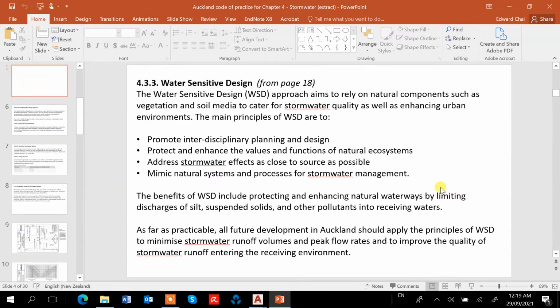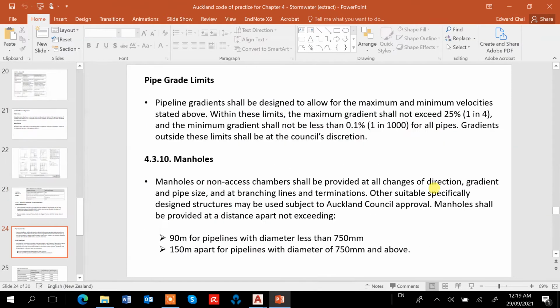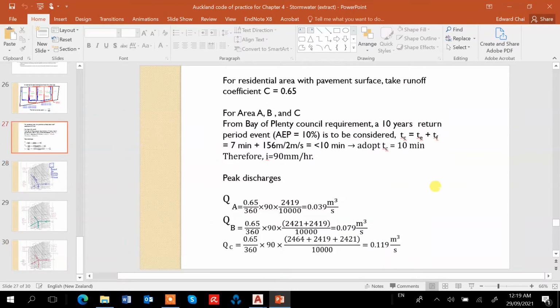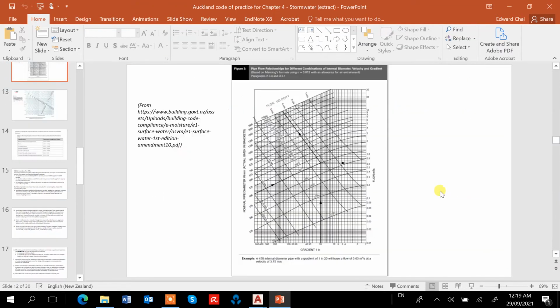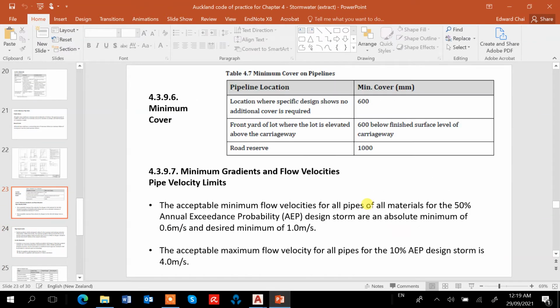Let's see the chart. Not inside here. I think the cover of the pipes needs to be at least minimum cover 600.